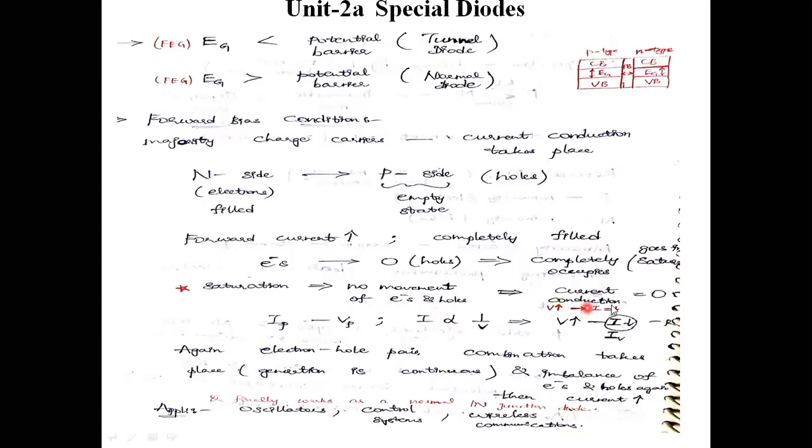Therefore current conduction is zero. Though I am increasing the voltage level by using the battery supply, the current conduction is zero and the resistance is maximum, because the current is dropping and the resistance value is high.